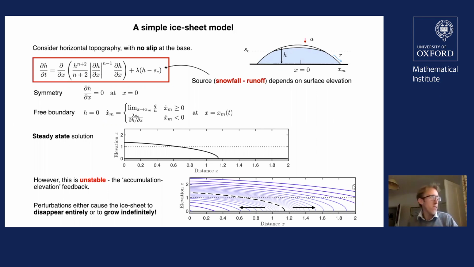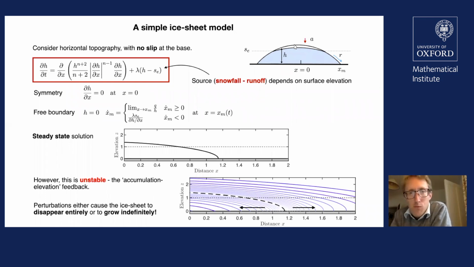This is quite an important point about how ice sheets work, which is that if you make them big enough, then they'll just keep growing. And this is something that's been called the accumulation elevation feedback. Once they're tall enough that they poke their head up high in the sky, then it's so cold that they won't melt up there, and then they'll just keep growing.